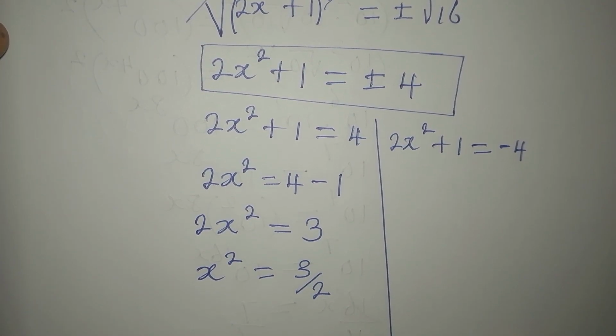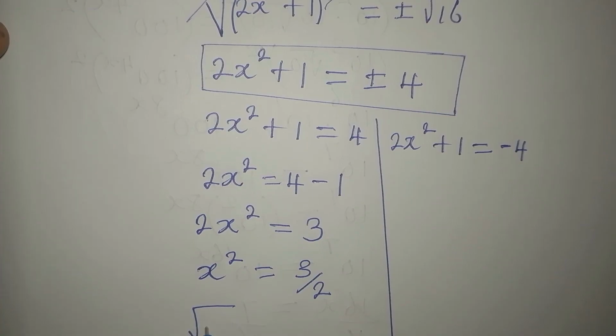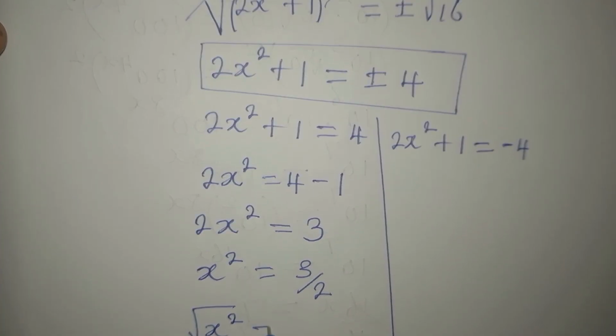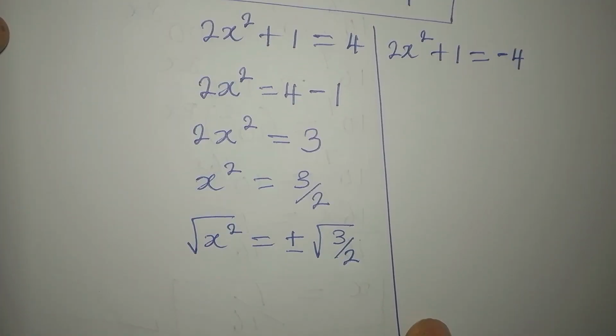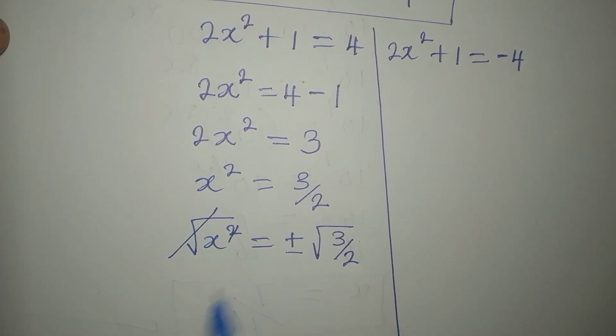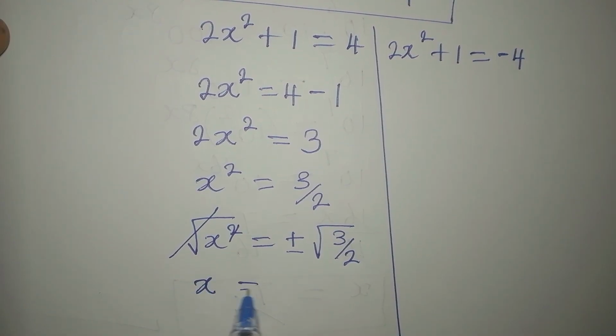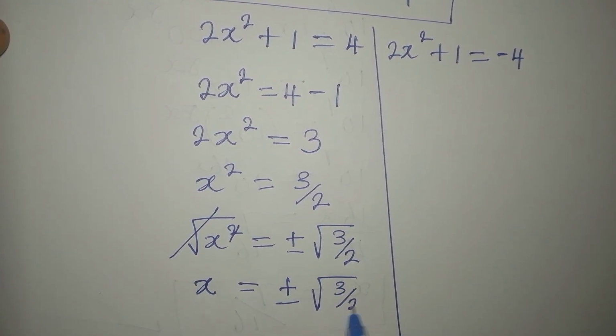So what do I have to do? I have to take the square root of both sides as well. So we now have the square root of x² equals plus or minus the square root of 3/2. Okay, so this can go with this. Now our x is equal to plus or minus the square root of 3/2.